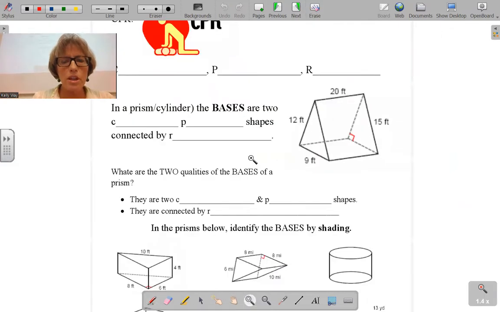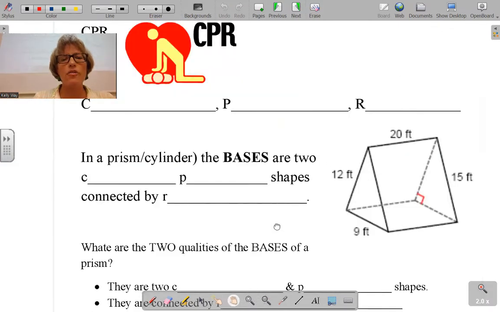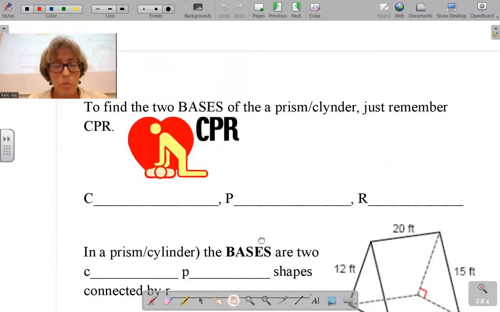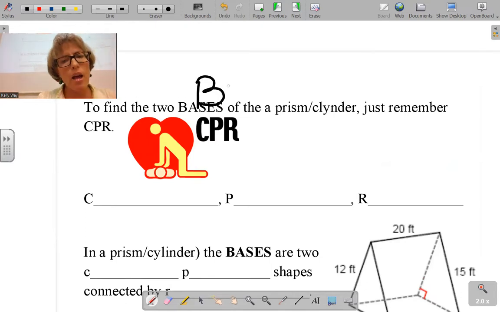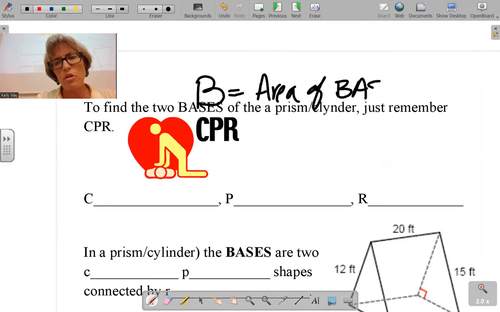The most important skill when you're dealing with prisms is identifying the bases, because all the equations that you're going to use are going to have a capital B, and that capital B is area of the base. Notice I'm using a capital B, not a lowercase b. That's because it's a two-dimensional area. So identifying what those bases are is super important.